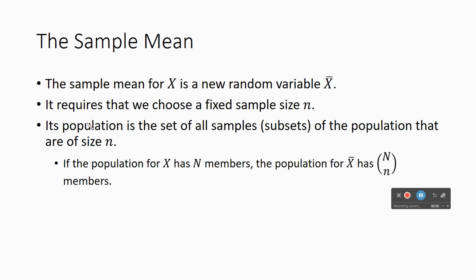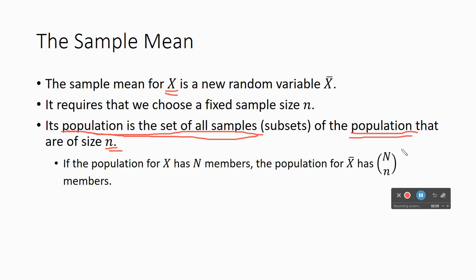Now our original random variable has its population, whatever its population is. The population of the new random variable is the set of all samples from that original population that have size n.